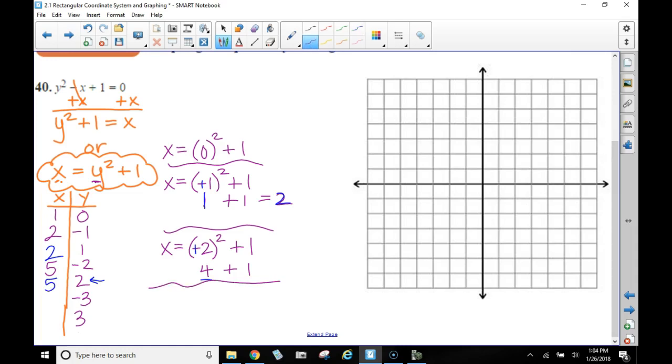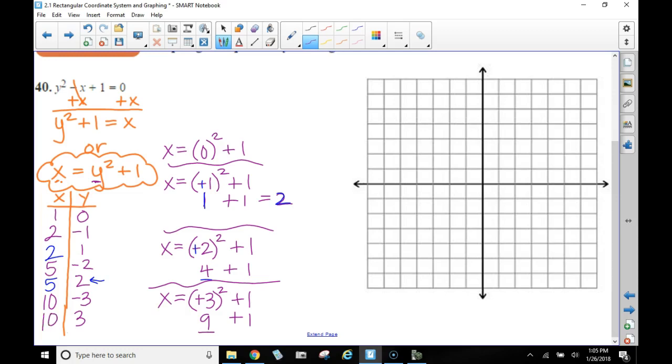That's kind of nice. For the values of -3 and +3 for y, my formula says x is equal to the y value squared increased by 1. -3 squared is 9. When I add 1 to that, I get 10. And when y is a +3, x is still 9 when we square it, plus 1, 10.